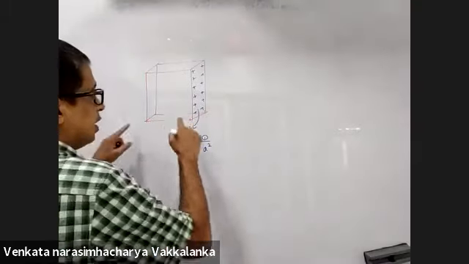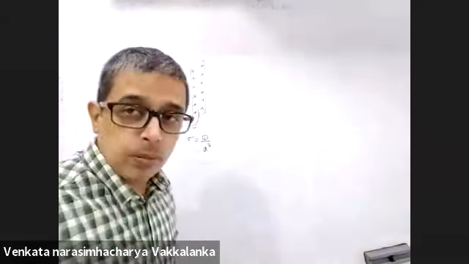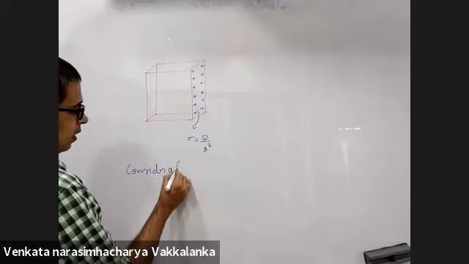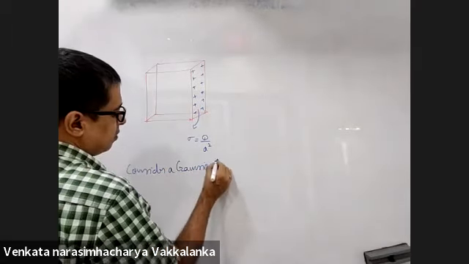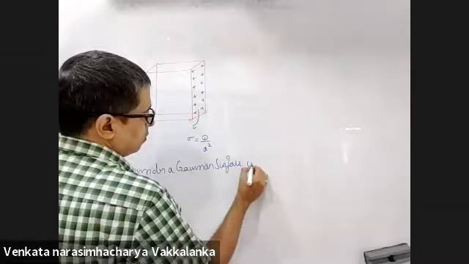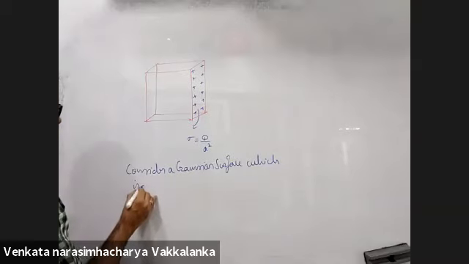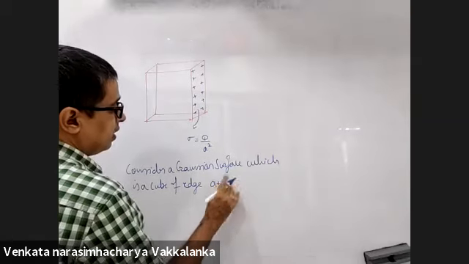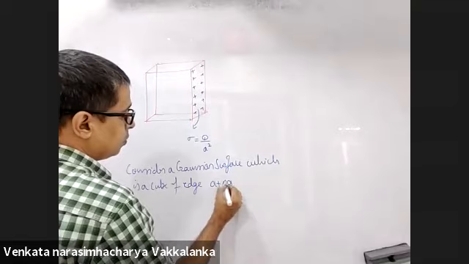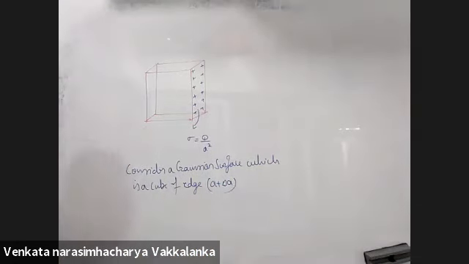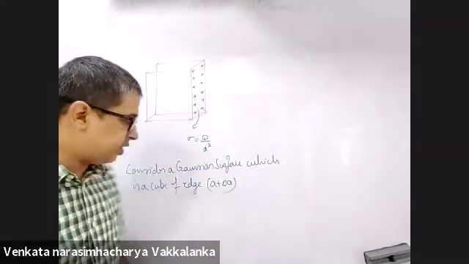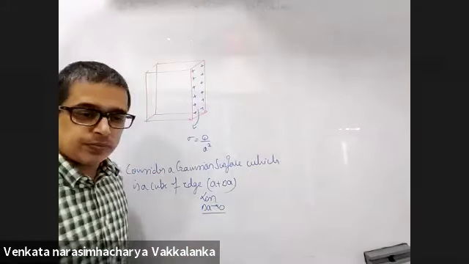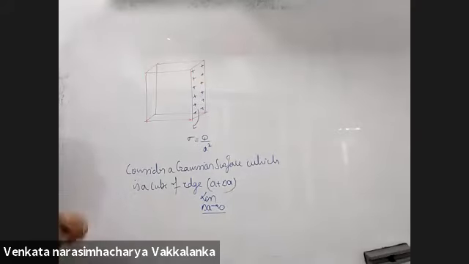Now, consider a Gaussian surface which is a cube of edge A plus delta A, limit delta A tending to 0, outside this cube.